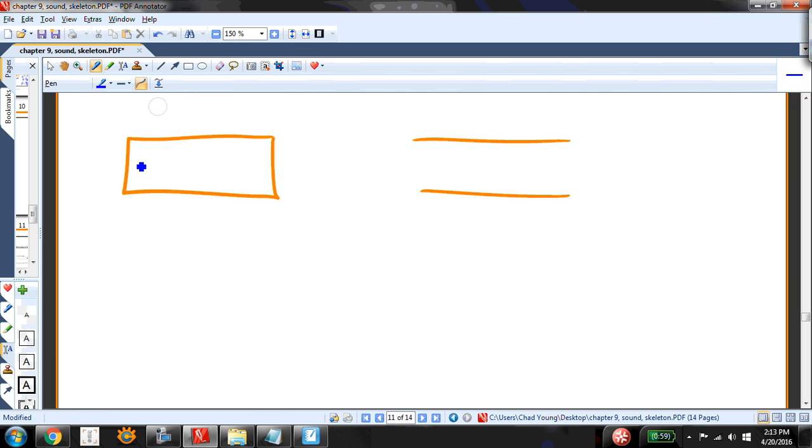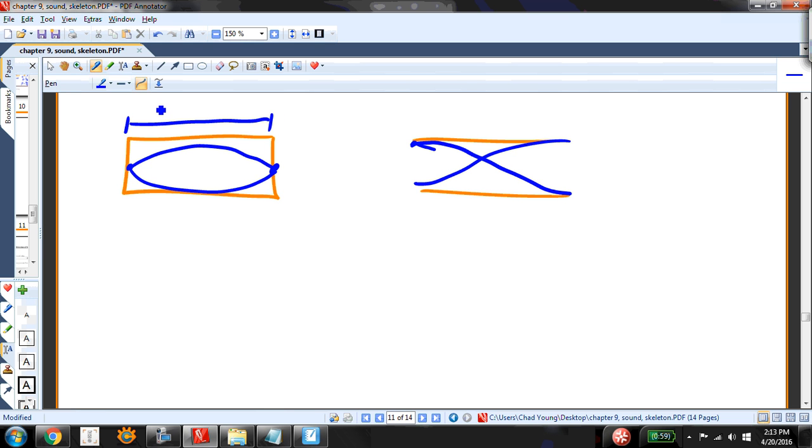Now, if I draw my waves, I get a node on this end and a node on this end. So this is going to be my first harmonic, and over here I get an antinode on this end and an antinode on the other end. So in both cases, the length of my pipe gives me a half wavelength.